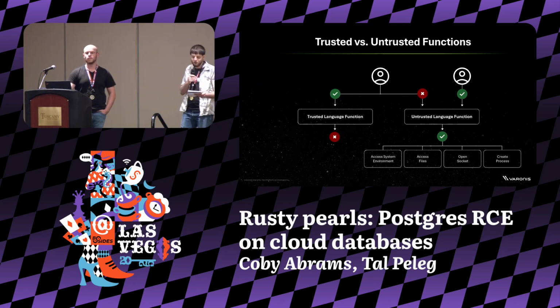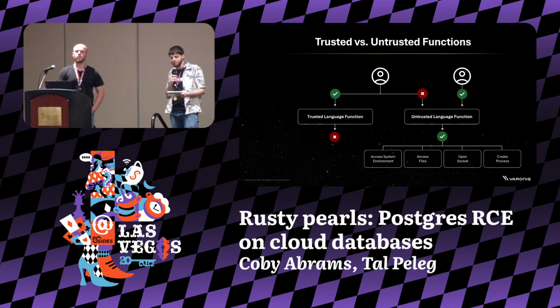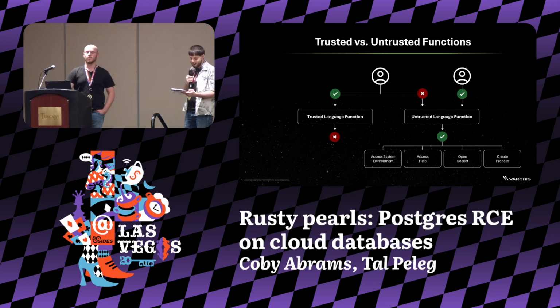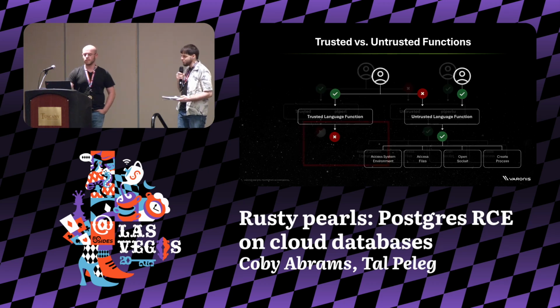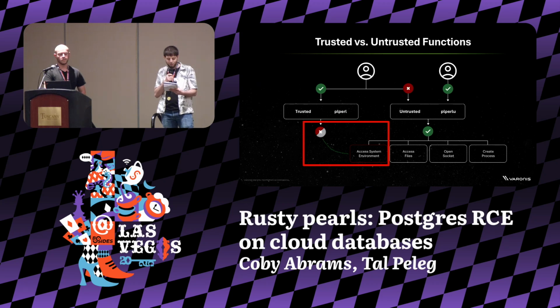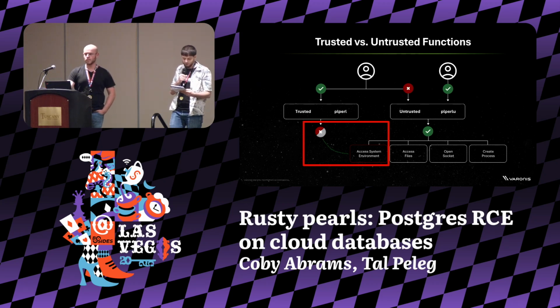They can open processes, sockets, access the file system. Thus, they can only be run by super users, while trusted languages have limited access to the system. Regular users that aren't super users can only run trusted functions, so they can't access the underlying system of the database. We were able to break that assumption by using the trusted PL/Perl language to modify environment variables, something that only untrusted languages should be able to do.